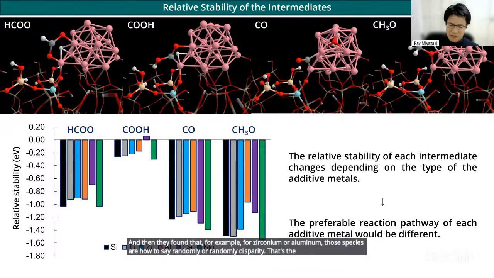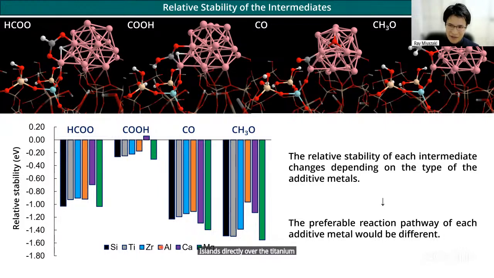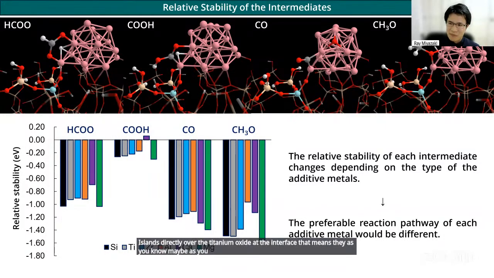That means atomic dispersion. But for titanium, of course there are some atomic sites of titanium, but they also found an island structure of titanium oxide at the interface. That means, as you know, the titanium oxide probably makes some kind of cationic or charged defect of the oxygen. That would also contribute to the high catalytic activity, I think.